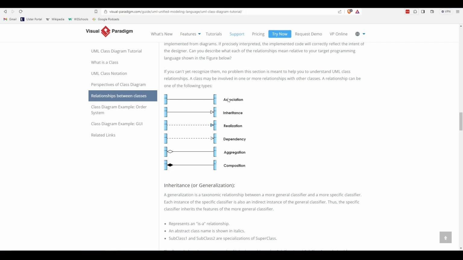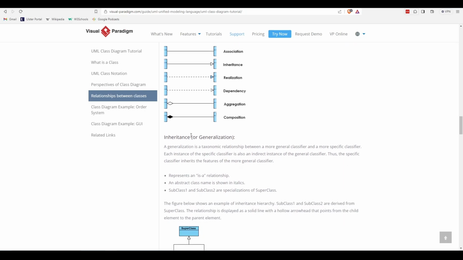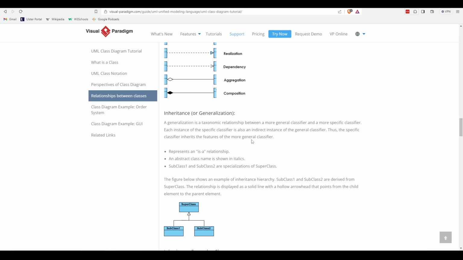this video. So inheritance, or generalization as it's sometimes known, is a taxonomic relationship between a more general classifier and a more specific classifier. So basically, whenever a class is inheriting from a parent class, you always want to be going more specific.